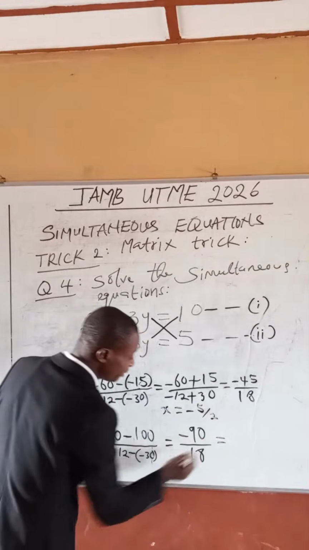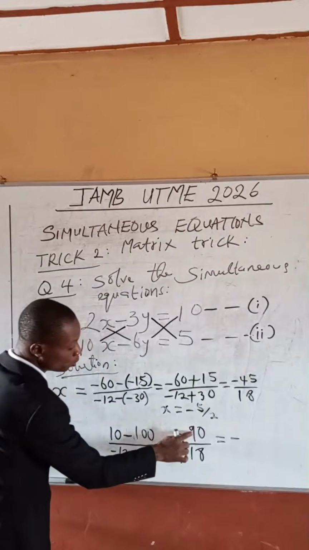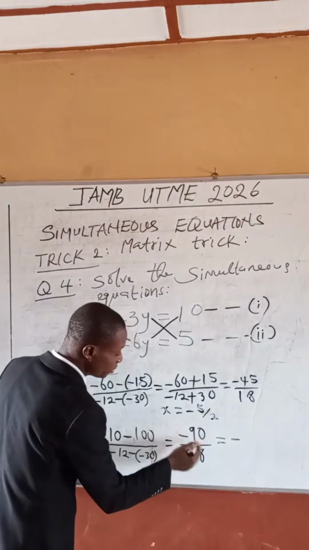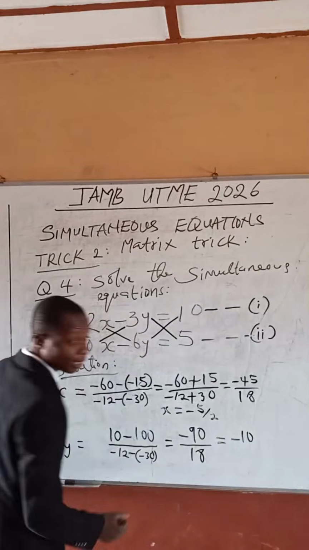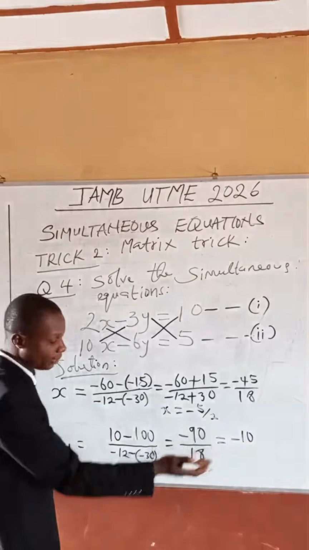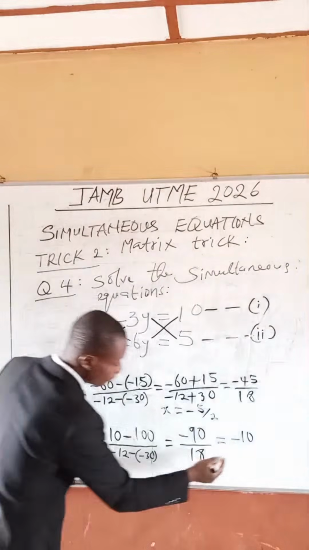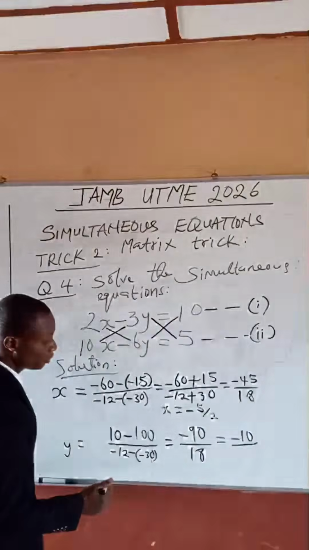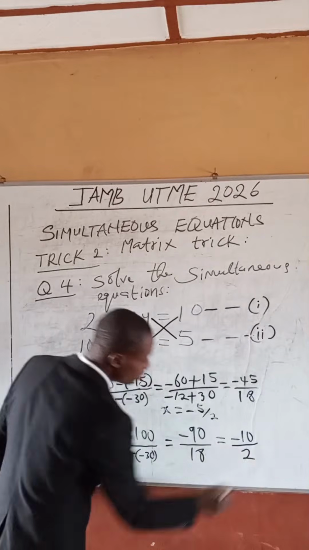9 can also divide, right? 9 into 90 is 10. I hope I'm right. Yes. Just divide by 9. Then divided by 9 into 18. 9 into 18 is 2.